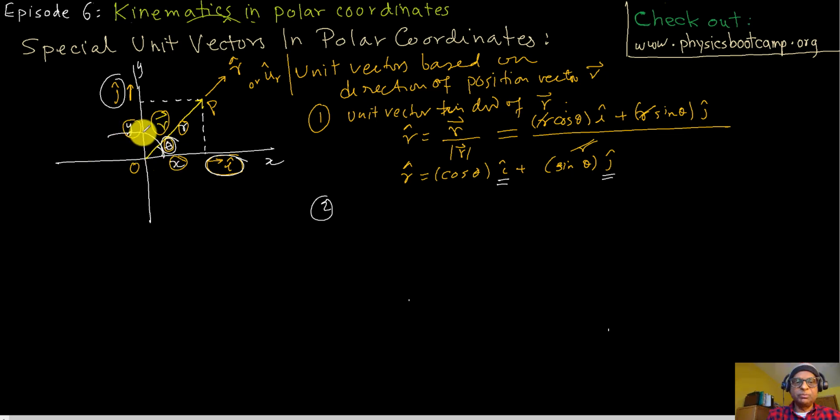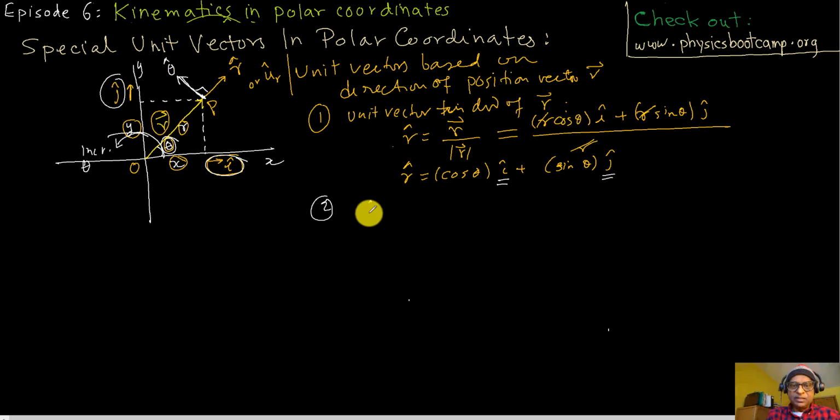So theta is increasing that way, that's counterclockwise, right? When I'm over here, I seek a unit vector which is 90 degrees to the direction of r hat, and to denote that we use theta hat, so we're going to call it theta hat.